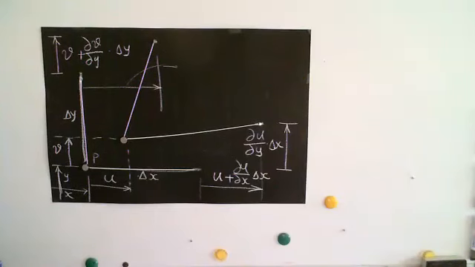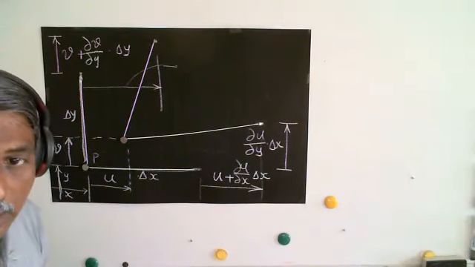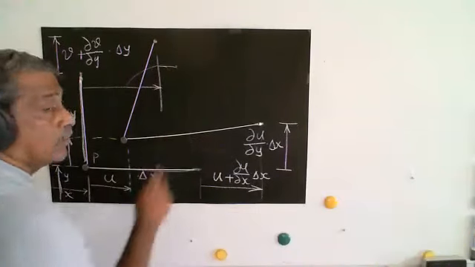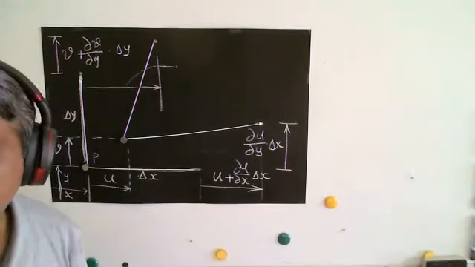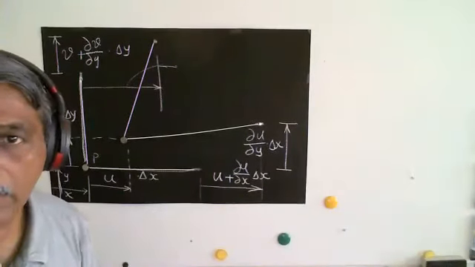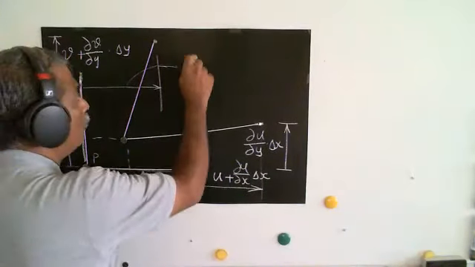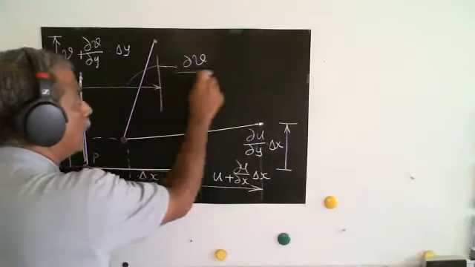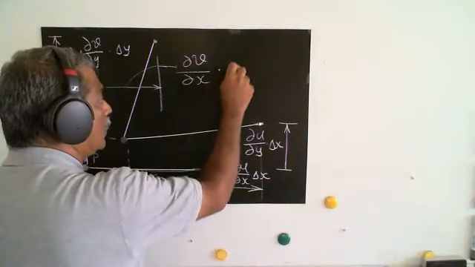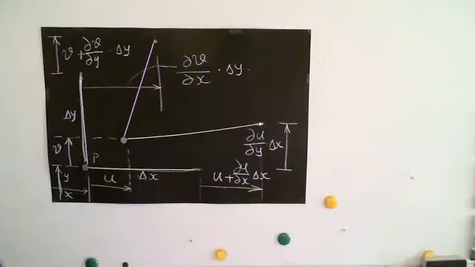Aditya, I'm not able to hear you. Dou v by dou x, the variation in the x direction, times delta x. Very simple. All right.